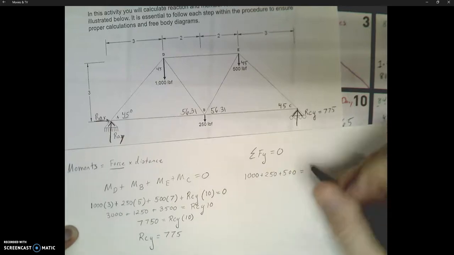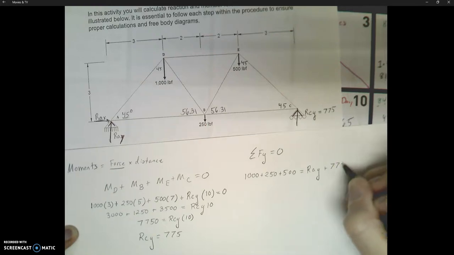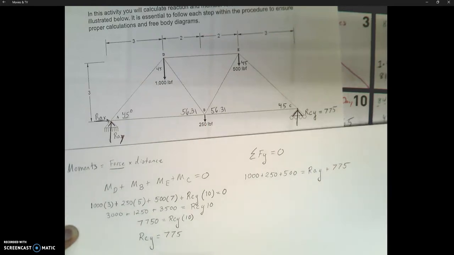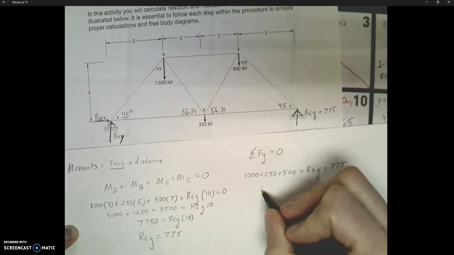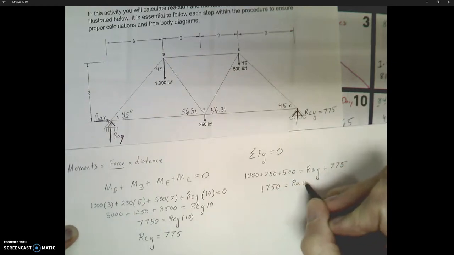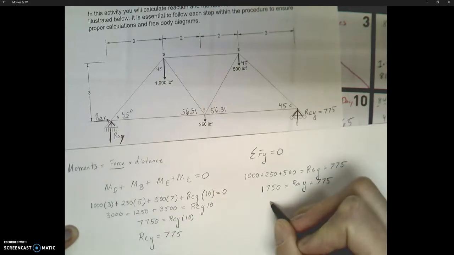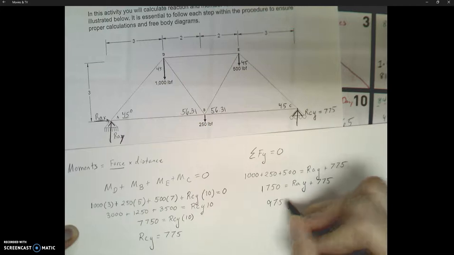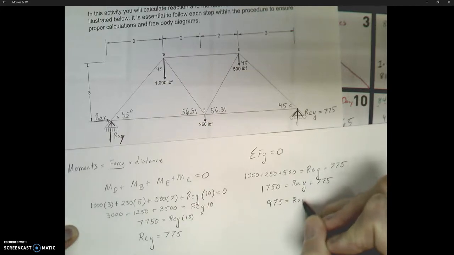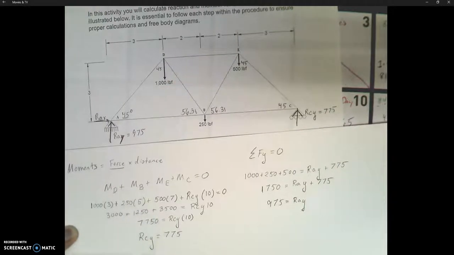So the sum of all the forces trying to go clockwise is equal to the sum of them trying to go counterclockwise. So we've got the sum of all of them that are given going down in that clockwise direction is 1,750. And we've got our 2 unknowns, one that we solved for already. We subtract that 775. We got reaction force at pin A in the y direction being equal to 975.